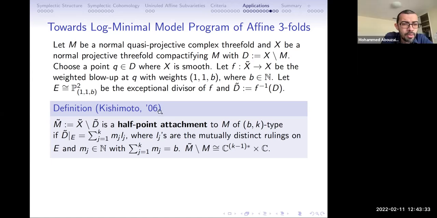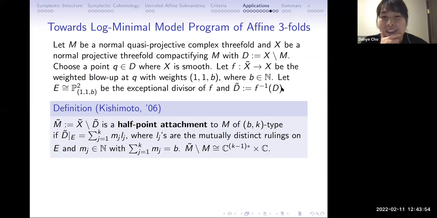Can I just check something? Yes, yes. So this gives you something singular when you do this? Yes. Very good question. When we do a weighted blow up, usually it's possible to get some singular thing. And in general, the minimal model program allows mild singularities.